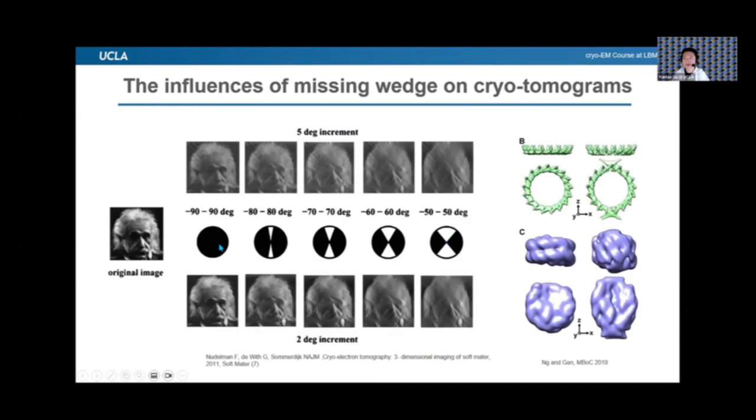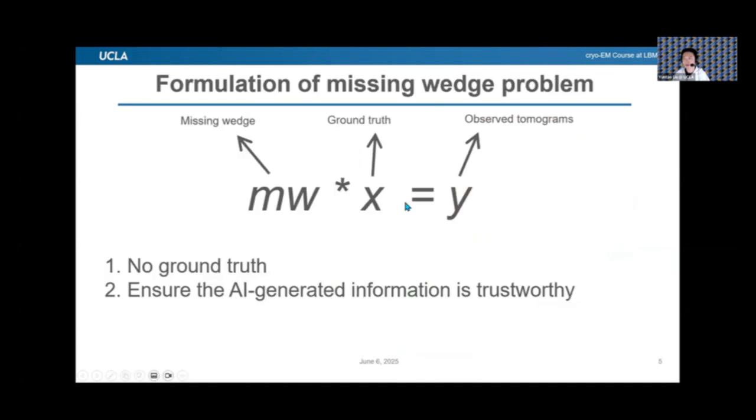It's the same as having full coverage of the data and applying a mask that looks like a wedge to get the observed tomogram.